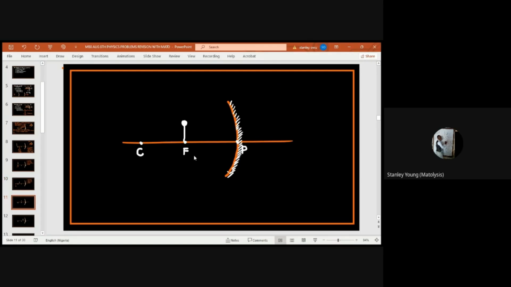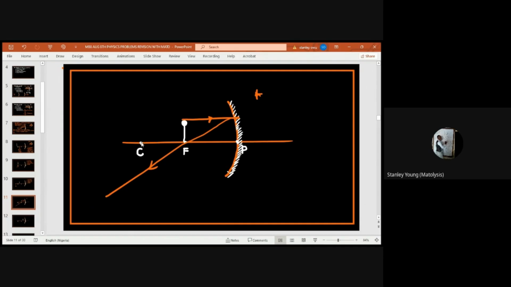So what happens when an object is placed on F, on the principal focus? In this case, the image is formed at infinity. Because when we draw ray diagrams here, let me try to draw a ray diagram for you to see. I have an incidence from the head, then I get a reflection through the principal focus.